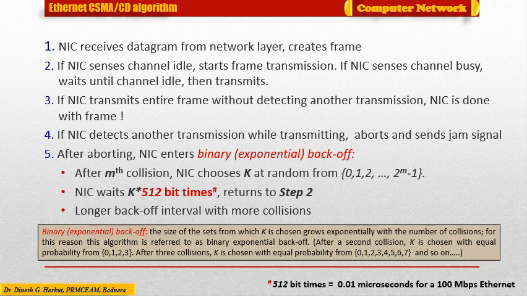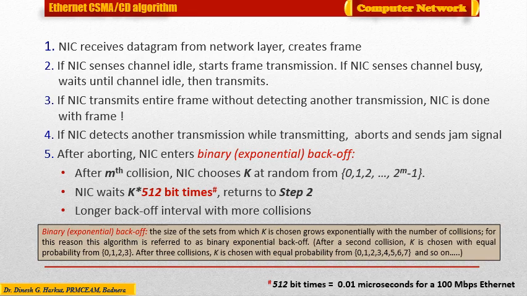If the adapter senses that the channel is idle, that is, there is no signal energy entering the adapter from the channel, it starts to transmit the frame. If on the other hand the adapter senses that the channel is busy, it waits until it senses no signal energy and then starts to transmit the frame.